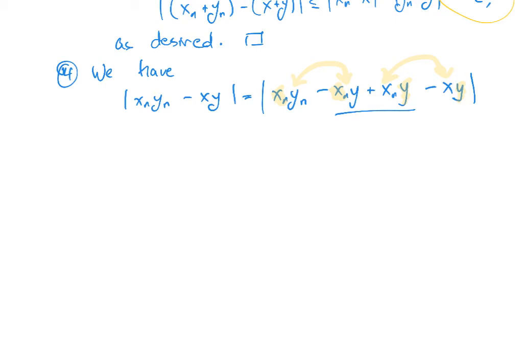So now we're going to split them up using the triangle inequality, just like that. I'm going to have an xn times yn minus y plus a y times xn minus x. Now, because of our rules of absolute value, we can break these absolute values up.